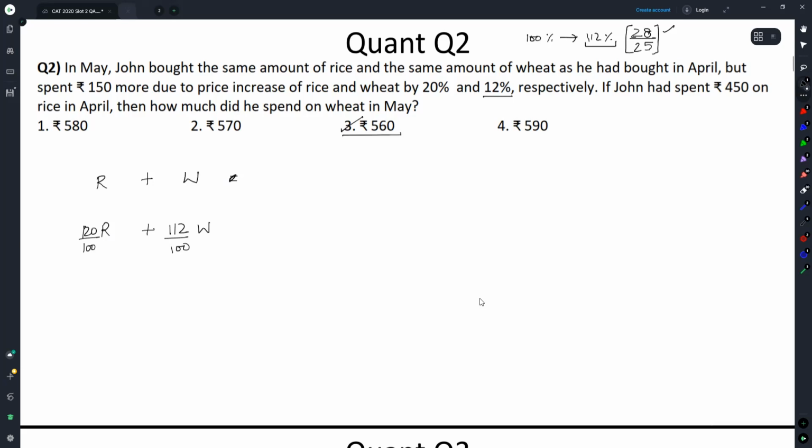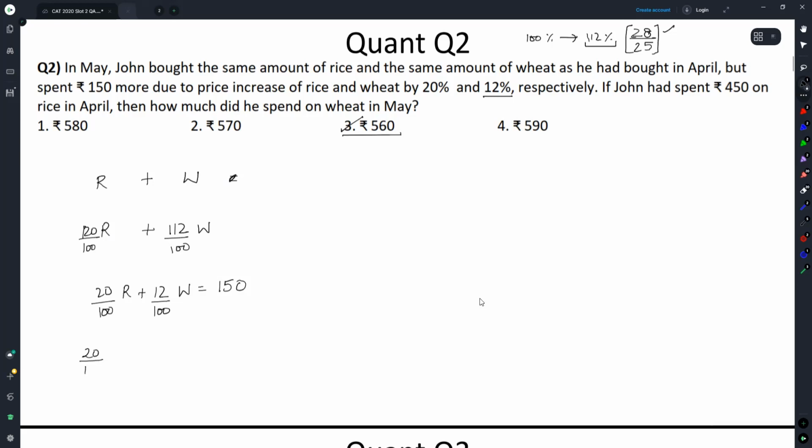But anyway, if we were doing it the equation way, we know this minus this is 150. So 20 by 100 R plus 12 by 100 W is equal to 150. Now we also know the value of R, 450 here.